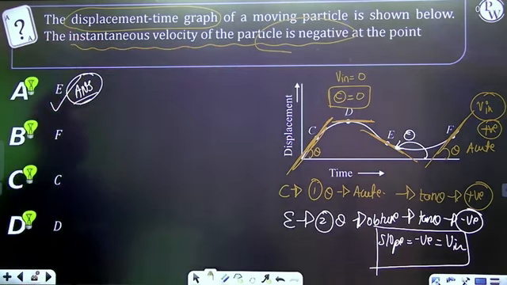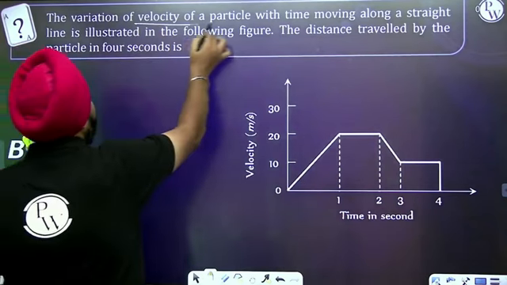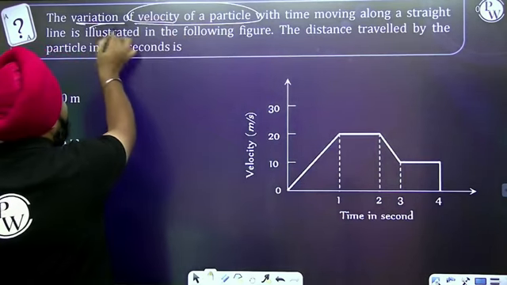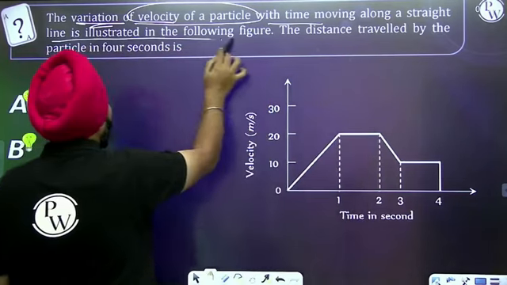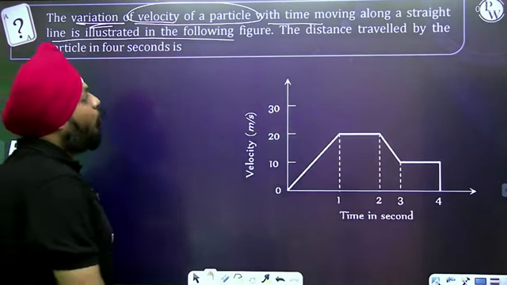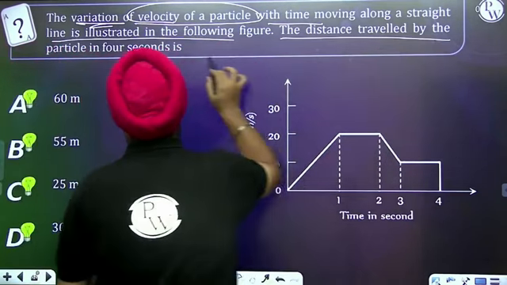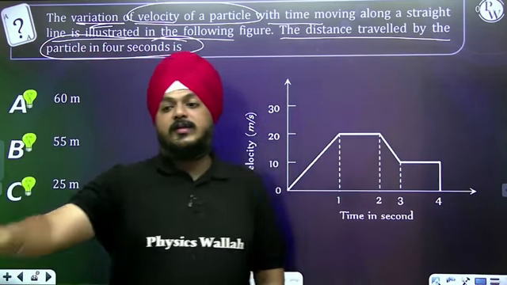Let's move on to the next question. The variation of the velocity of a particle with time, moving along a straight line, is illustrated in the graph. What is the total distance traveled by the particle in the first 4 seconds?